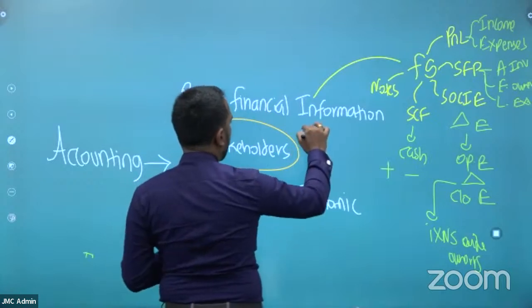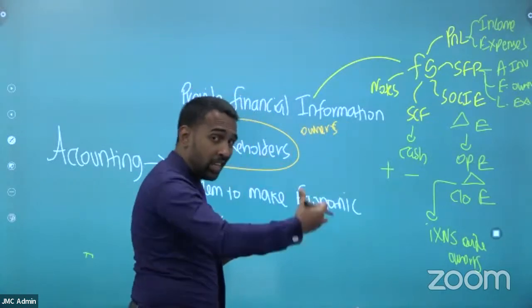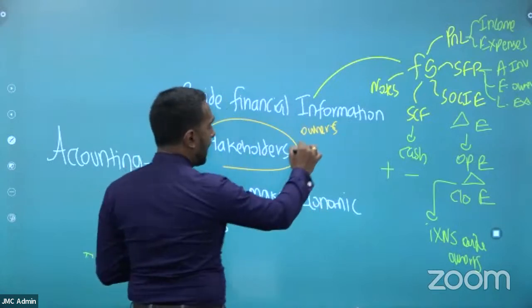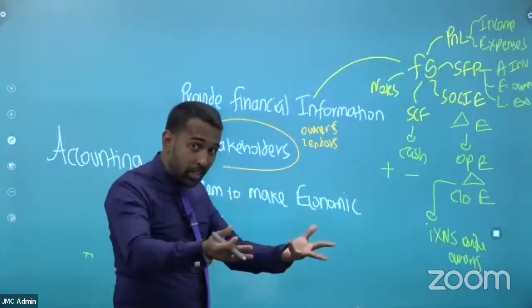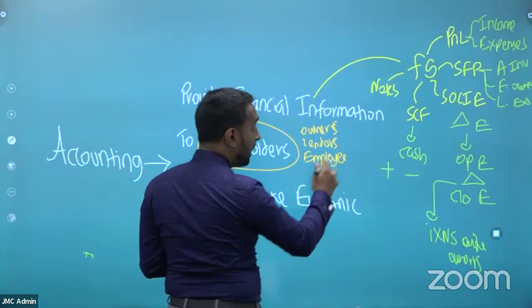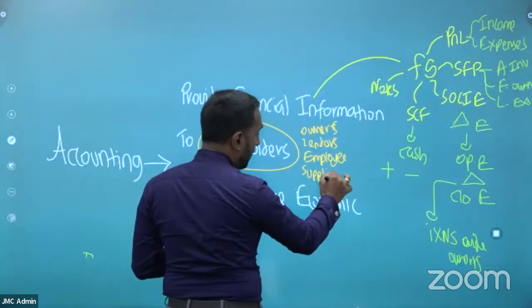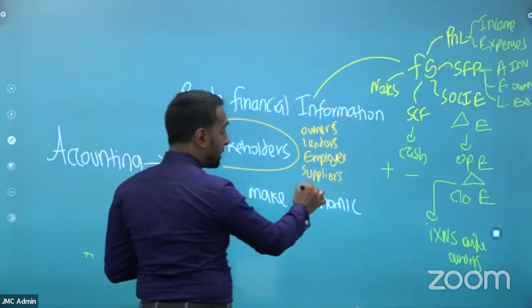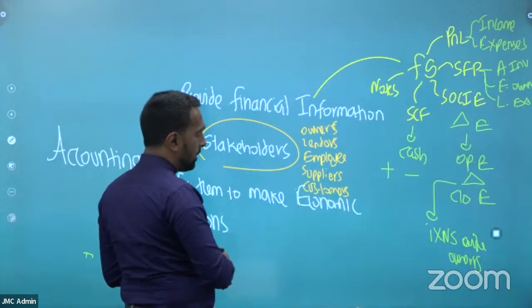For example, we know about the owners because they have invested money in that accounting entity, and the lenders, like the bankers, have provided money as a loan. The employees are providing labor to that entity. Suppliers are providing raw materials to that business. Customers are buying goods and services from that business.